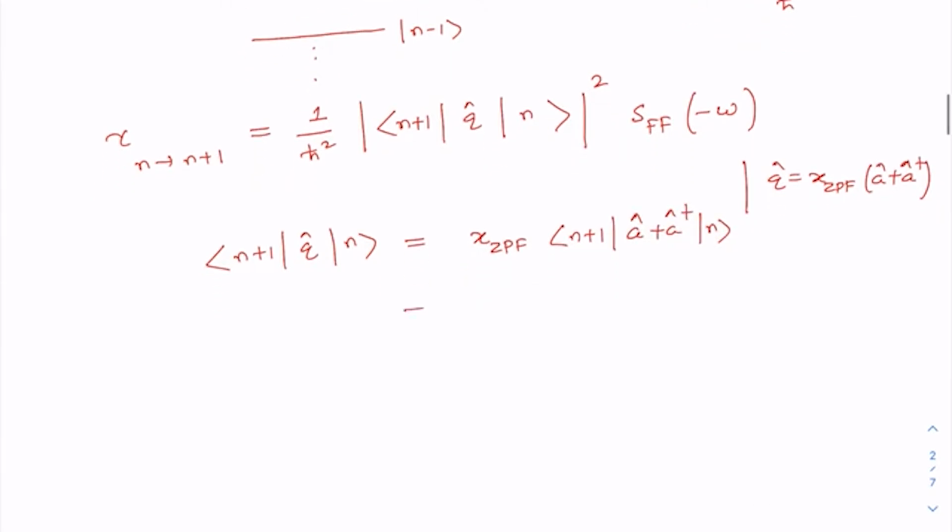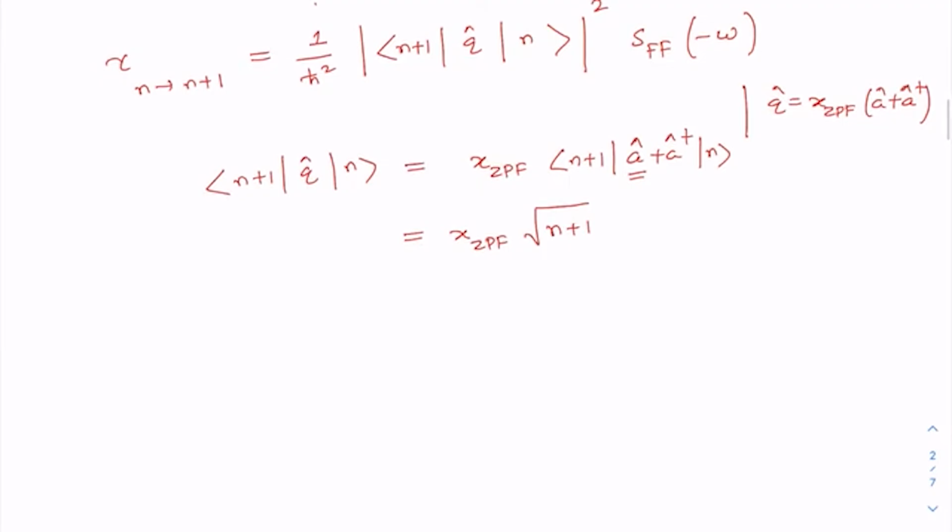If you evaluate it, you will have the zero point fluctuation, and this will give you the square root of n plus 1. That is what you will get, because n plus 1 with a dagger on n will give you 1, but if you apply a on n, you will get n minus 1, and because of the orthogonality, the other term will vanish. So you will end up with this expression.